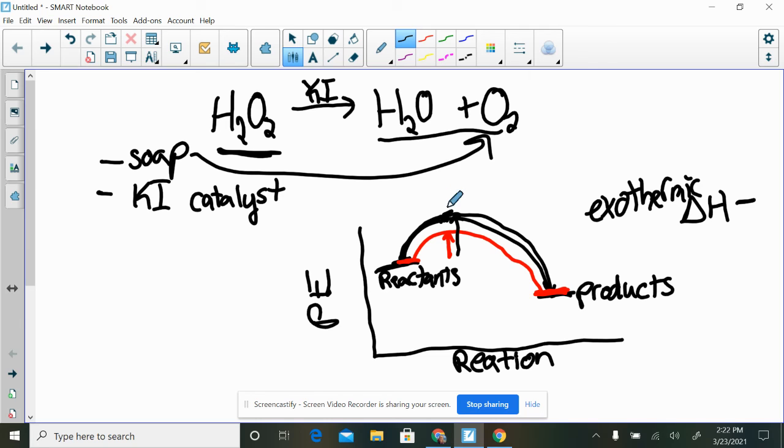So when you're at the very top of your hill, where you're at the top with your activation energy, this top part is called the activated complex. Activated complex.